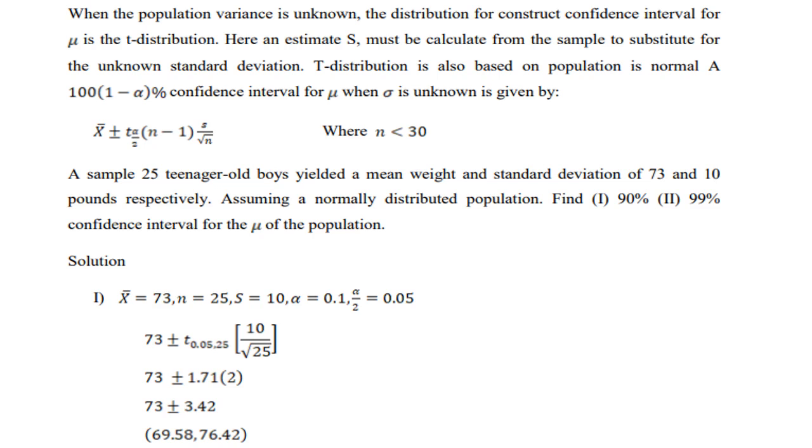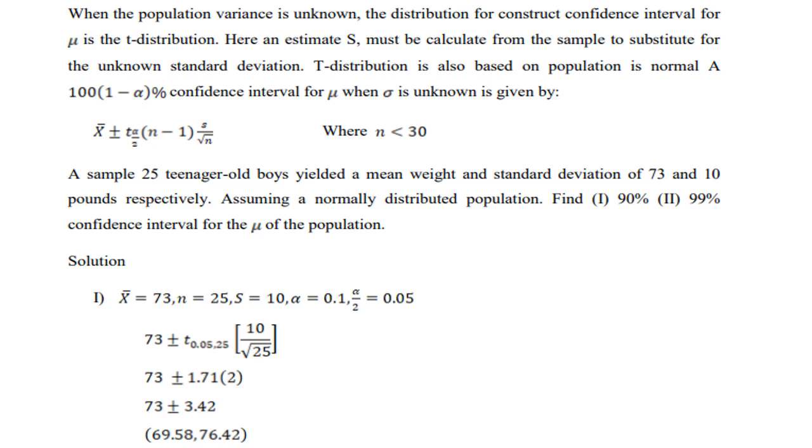Now an example. A sample of 25 teenage boys yielded a mean weight and standard deviation of 73 and 10 pounds respectively. Their mean weight is 73, their standard deviation is 10, and their n is 25. Assuming a normally distributed population, find the 90% confidence interval and 99% confidence interval for mu of the population.